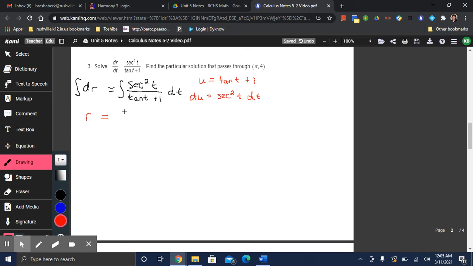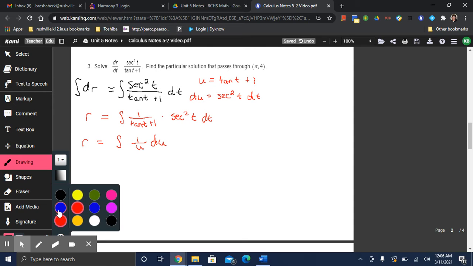So you have the integral of 1 over the tangent of t plus 1 times secant squared of t dt. And so r equals the integral of 1 over u du. And so at this point, then, we have things set up to where we can do the antiderivative here.